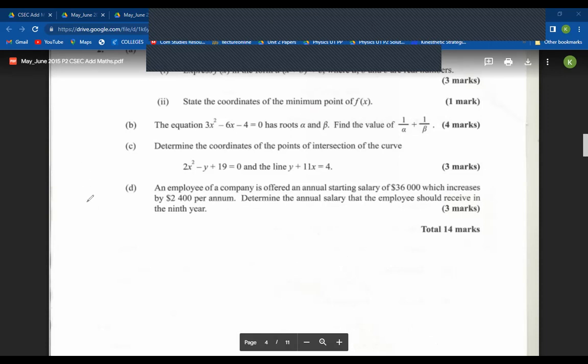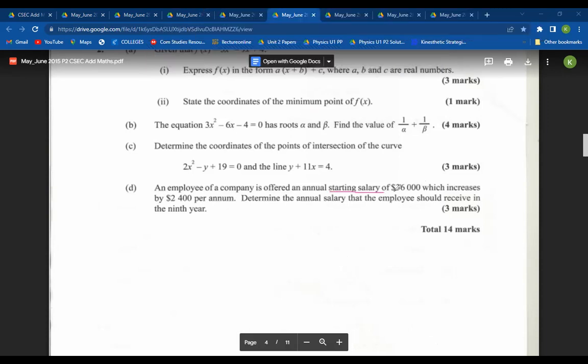So this is 2015, number 2, part D, just in case you want to write it down. An employee of a company is offered an annual starting salary of 36,000. Starting salary. What does that mean? That means that this 36,000 is my A, meaning it's the first term.